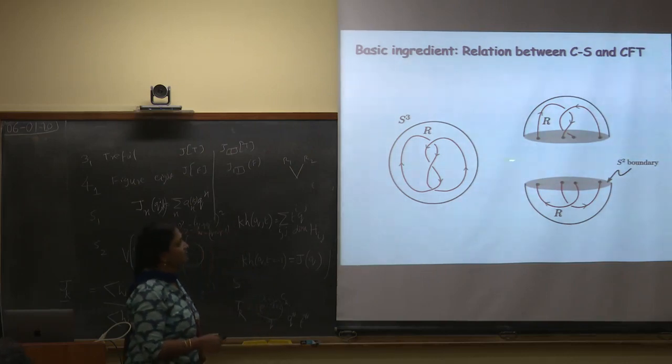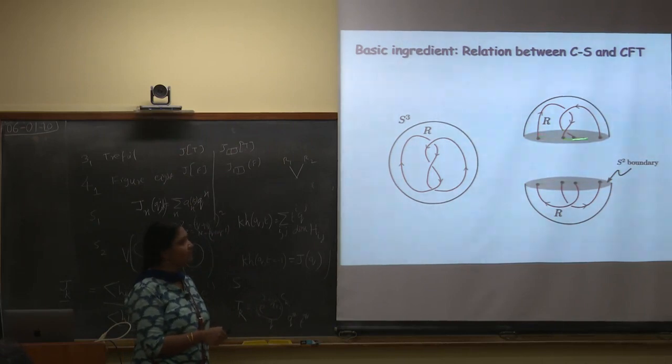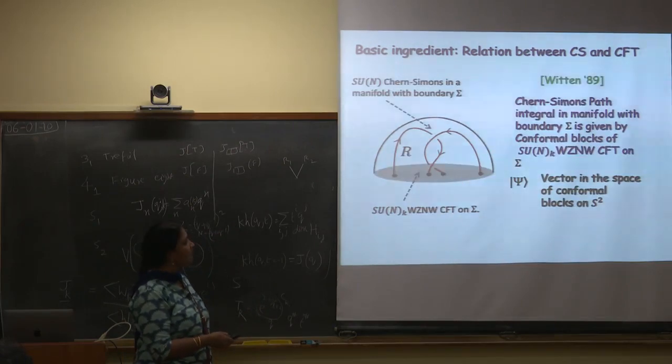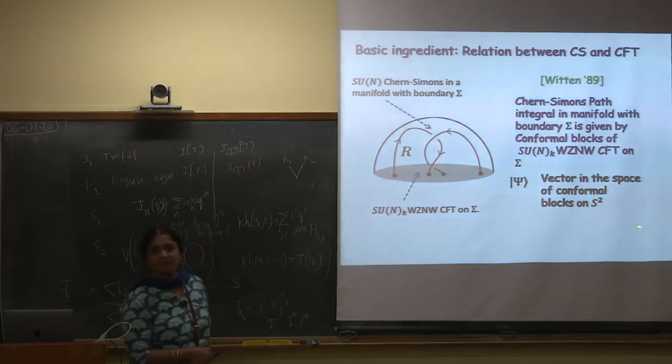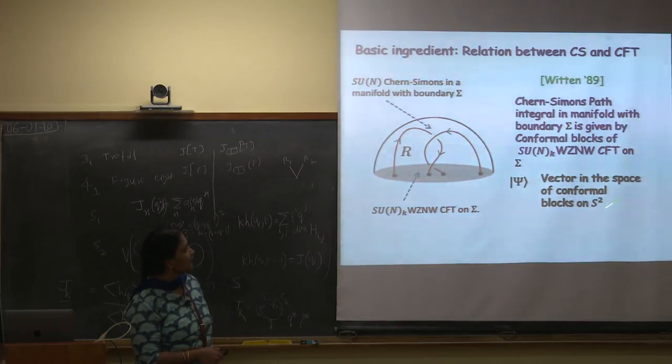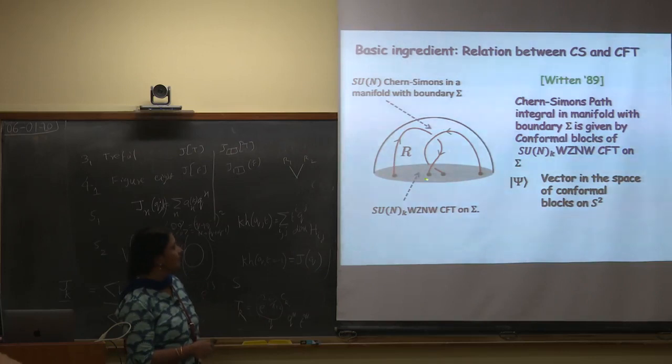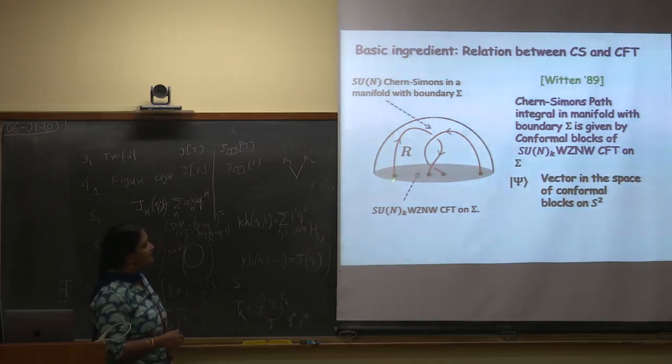The Chern-Simons functional integral on such a 3-ball with such an S2 boundary can be given by some state, and this state is going to be in the Hilbert space on S2, and the dimension depends on how many punctures you have. Since there are 4 punctures, you will have a 4-point conformal block as the basis.